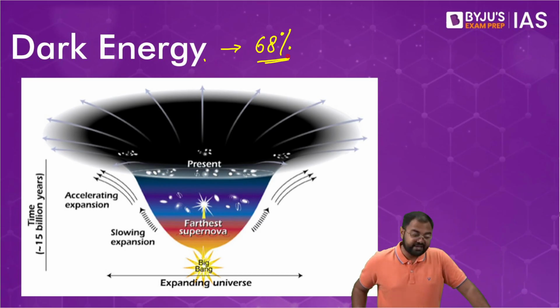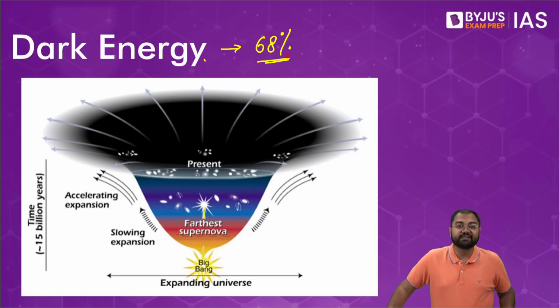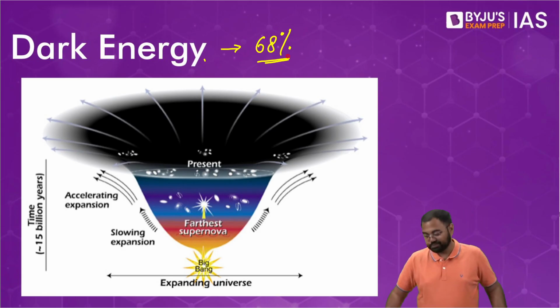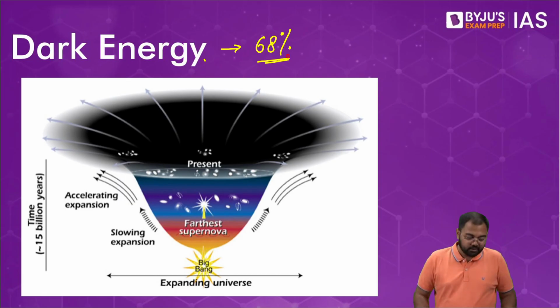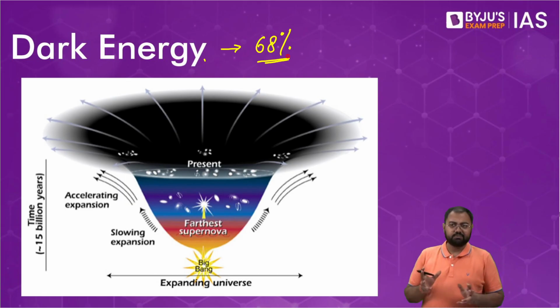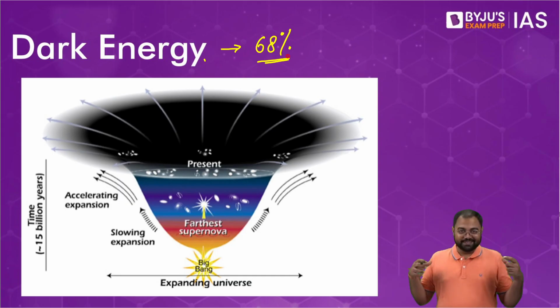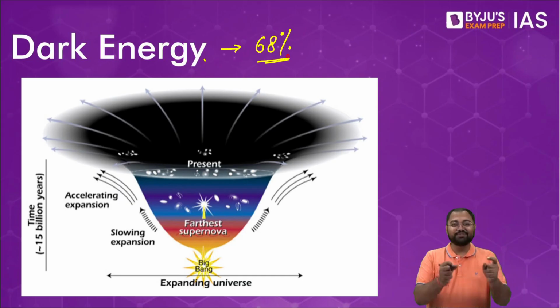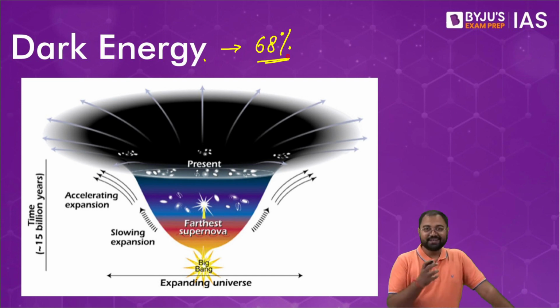Now, why do we call it dark energy? What is the reason behind calling it dark energy? Is it because of darkness, or maybe there are dark forces, a super villain driving this energy, so that's why it's dark energy?